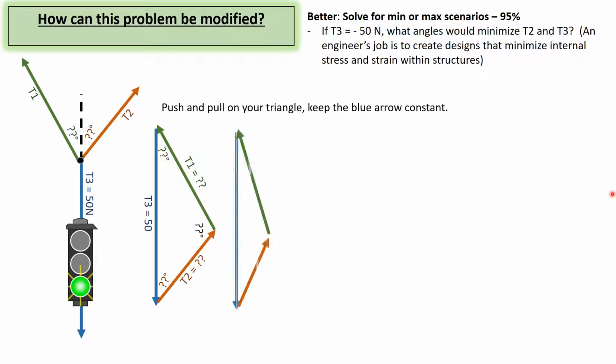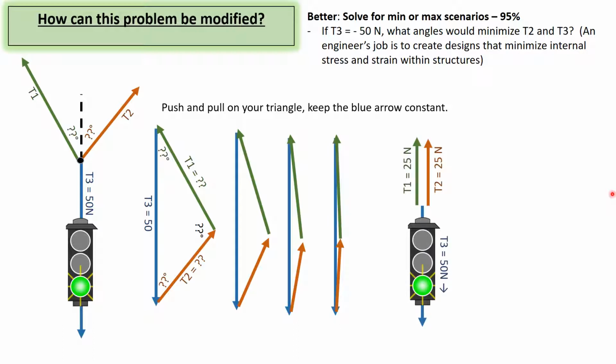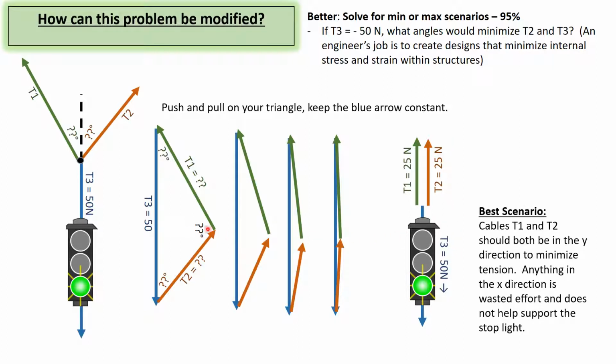Draw a couple of triangles, and as we make those angles smaller, you see this triangle getting squished. And it becomes quickly evident that the smallest tensions will be created when we get rid of the x component of the force. The x component does nothing to support this weight. The x component is wasted tension, it's wasted stress in the system.